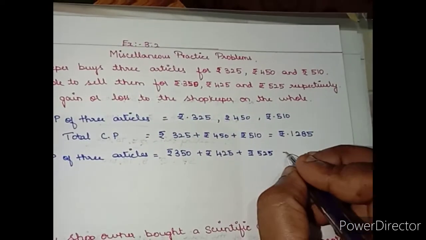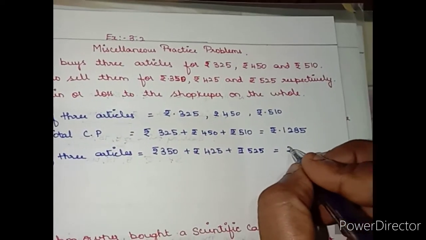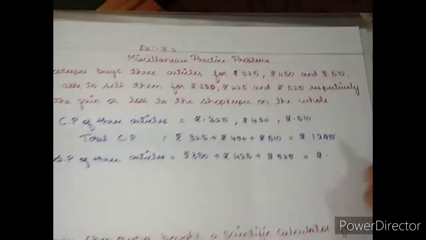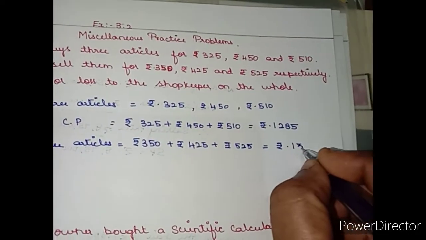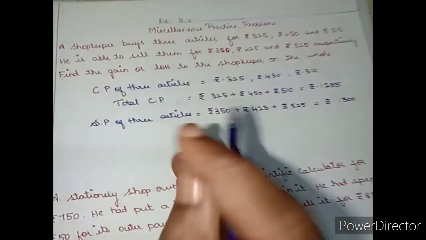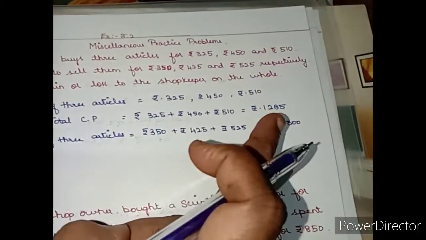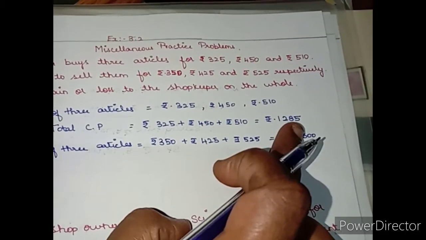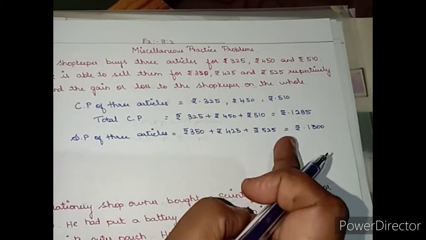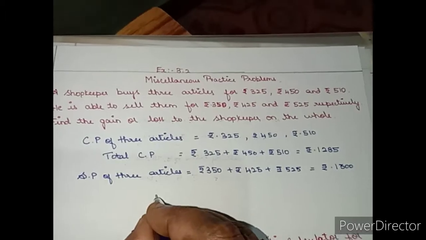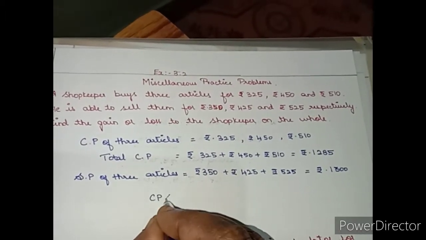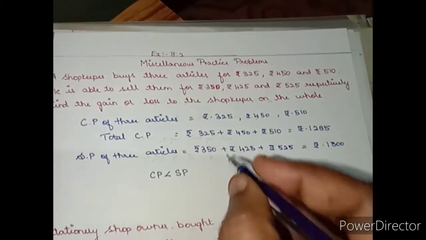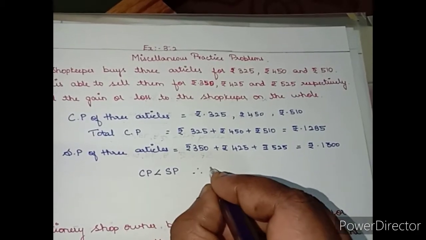The total of this is going to be rupees 1300. So we have to compare both SP and CP. CP is 1285 and SP is 1300. So CP is smaller than SP.